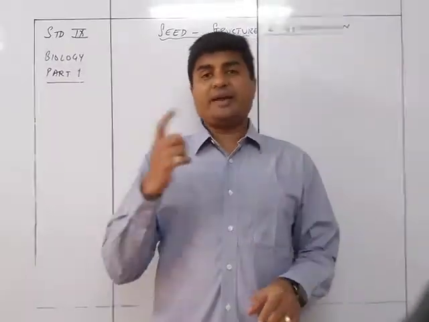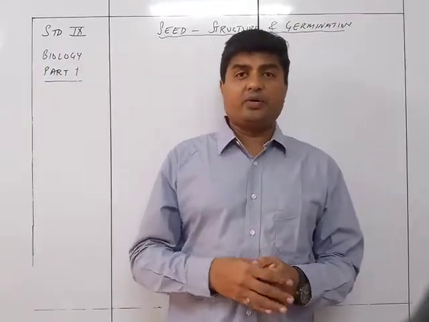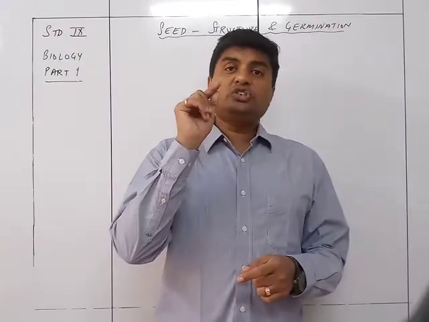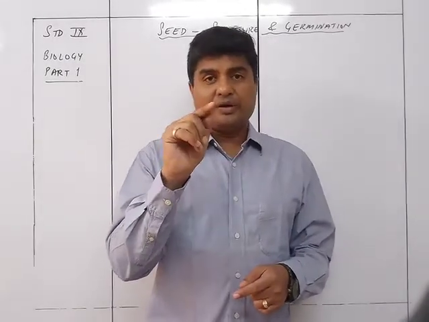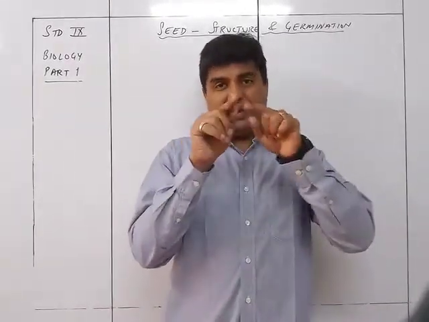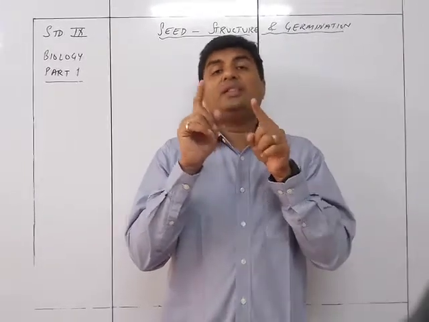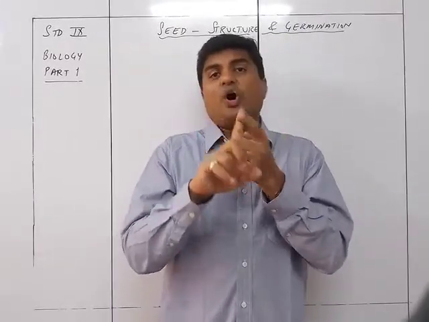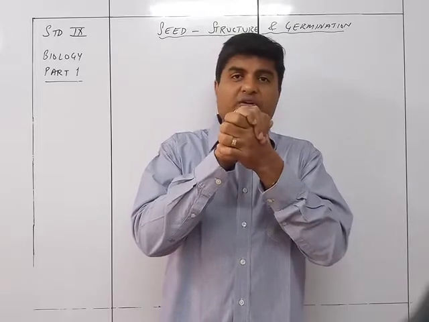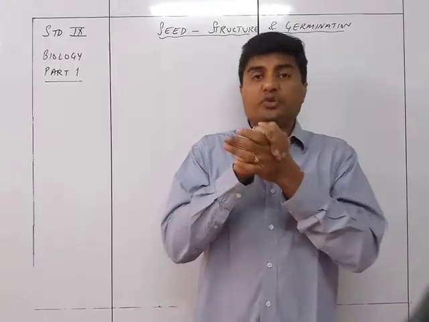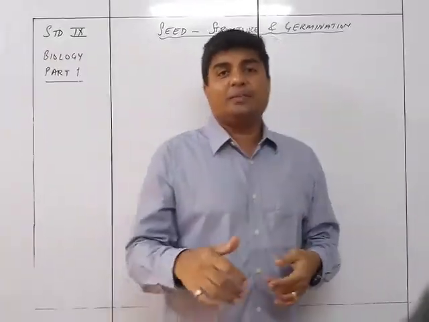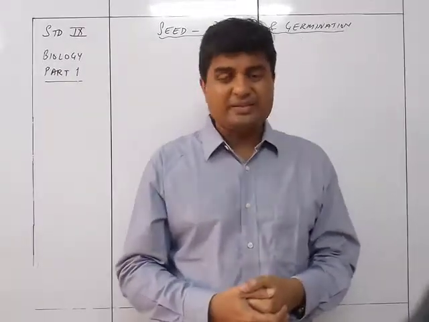When we studied pollination and fertilization, the generative nucleus, that is the sperm nucleus, fused with the egg cell. The combination of the egg cell and sperm nucleus, that fusion, is nothing but the embryo. So the embryo is present inside the seed.